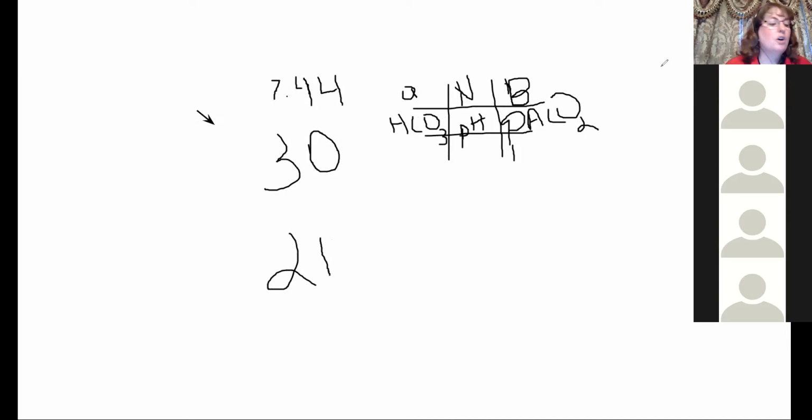Okay, so when you're trying to figure out what this is, you know how we learned about what's compensated and what's not? You can figure out what that is right off the bat by looking at this.